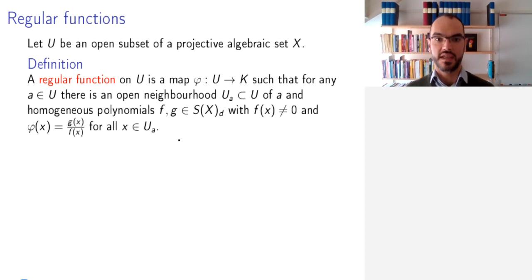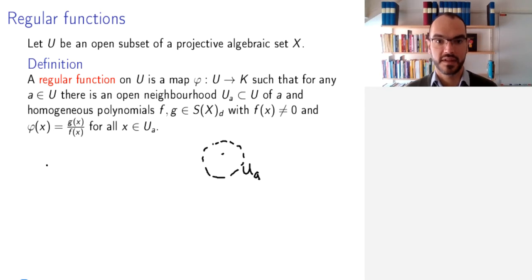So given a point A, you should be able to find an open set U_A in U, such that in this U_A, you can find homogeneous polynomials f and g, with f non-vanishing on U_A, and your map phi being identical to the quotient of g with f.